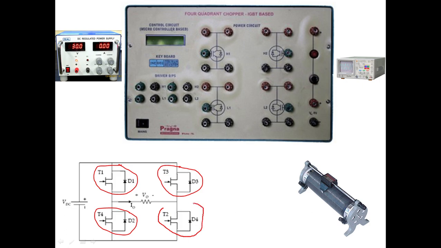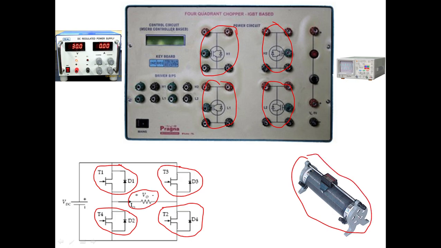Similarly here also we have four switches: 1, 2, 3, and 4. There are four switches here, right? Now that is one thing, and we need a load. So that load is here, and we need a DC supply, and the DC supply is here, right? DC supply is here.